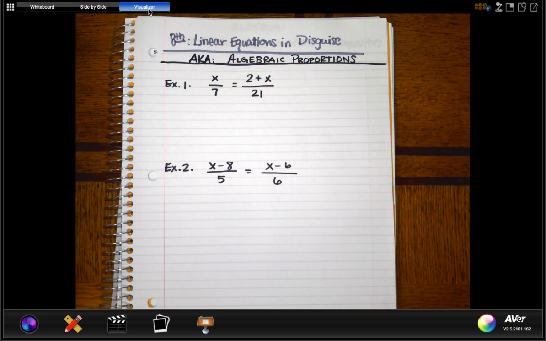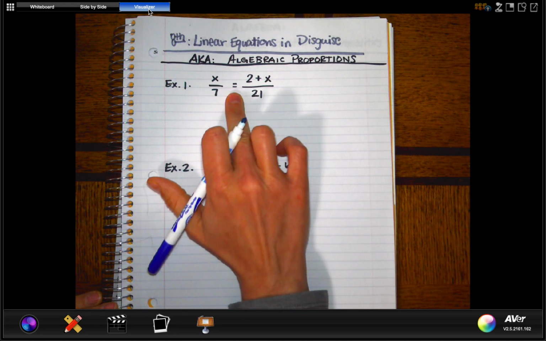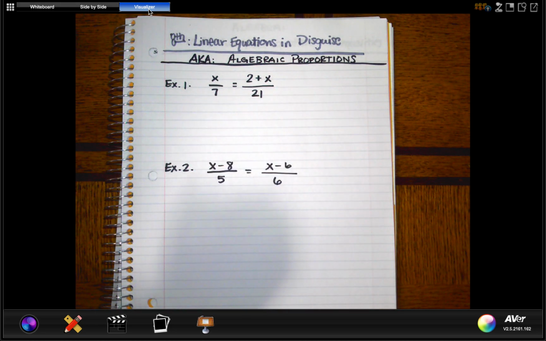Okay, so an algebraic proportion really is a linear equation, and I'll show you what I mean by that in a second. You just have to know how to set it up. If you have a fraction equal to another fraction, it means that its cross products are also equivalent.